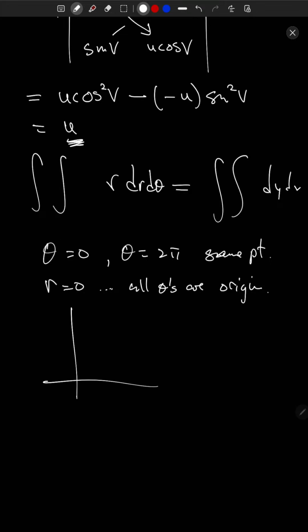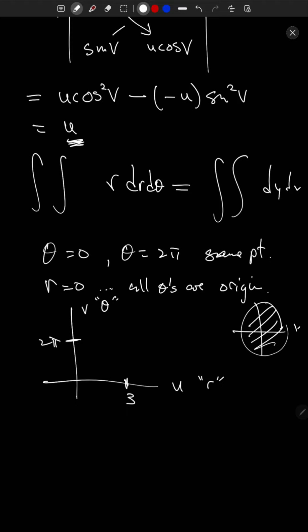So normally when we do polar integrals, let me write it like this. This is my u, which normally we think of as r, and v, which is our theta. Let's say we're integrating over a circle, from r equals 0 to, let's say, a circle of radius 3. If we're integrating over the entire circle on the x and y side, then on the polar coordinate side we're integrating over a rectangle like this.